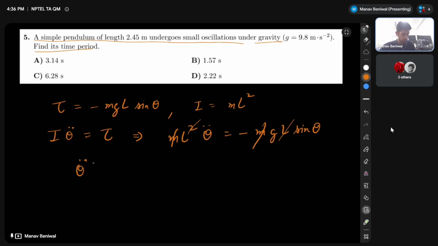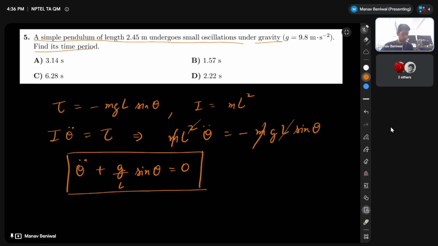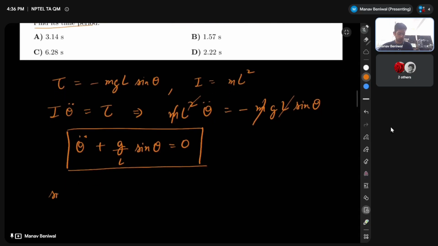So theta double dot plus g over l sine theta is equal to 0. This is the equation of motion for a simple pendulum. Now, because we are concerned only about small oscillations, we can make the approximation sine theta as theta.